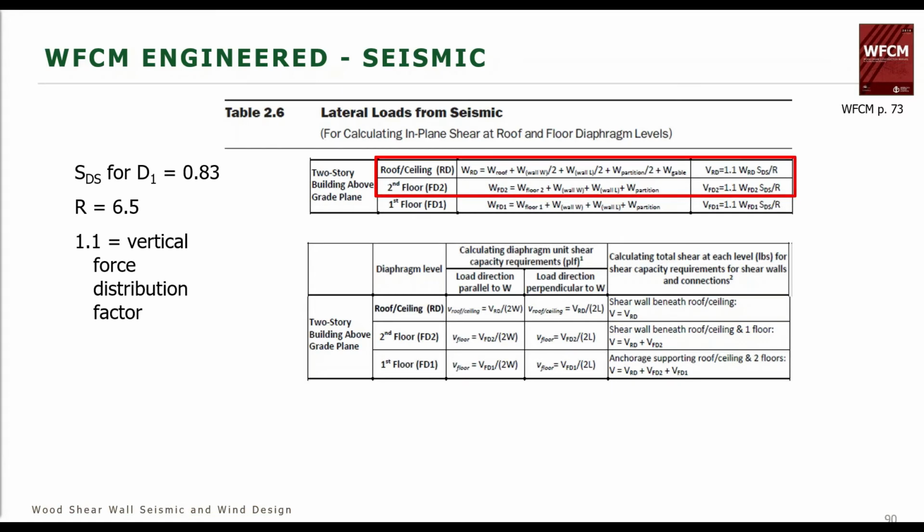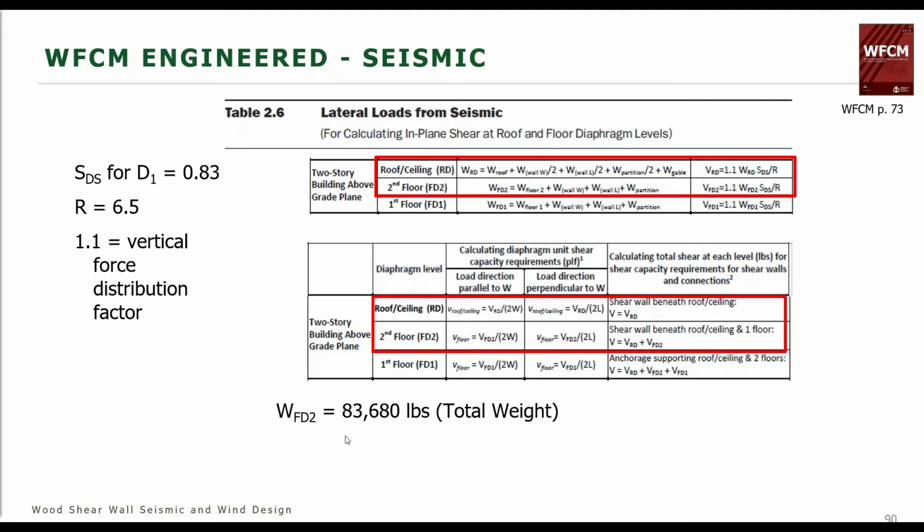Now, when we do the dead load, we take all the second floor, roof, walls, interior partitions, and then the floor, and then we take half the height of the first floor wall and include that in our weight. So when we did all those calculations, we get a total weight of 83,680.